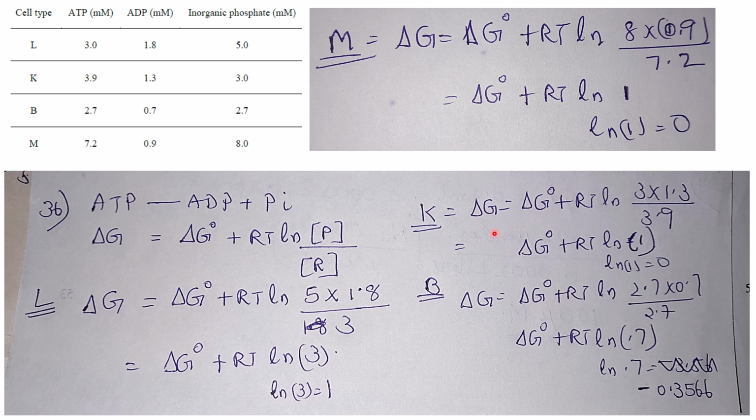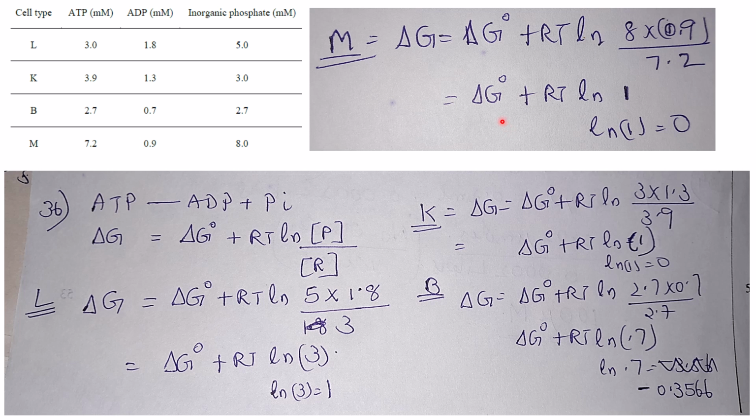So here delta G is equal to delta G0. Now for cell type B, it is ln of 2.7 into 0.7 divided by 2.7. So ln 0.7 is a negative value, that is minus 0.3566. For cell type M, again ln is equal to 0. So delta G is equal to delta G0.